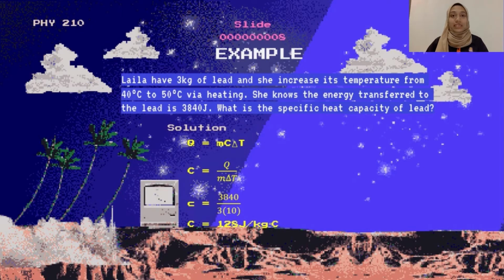It will be c equals Q over m delta T, equals 3,840 over 3 times 10. We get the 10 from the temperature change, which is 50 minus 40, and the answer will be 128 joule per kilogram Celsius. That's all from me. The next presenter will continue with the calorimetry.